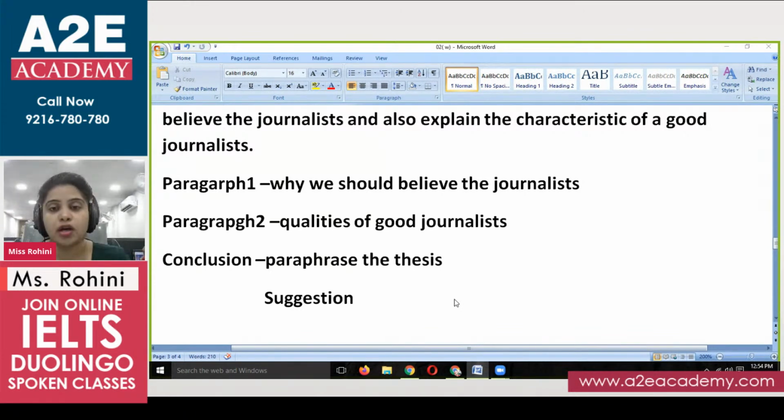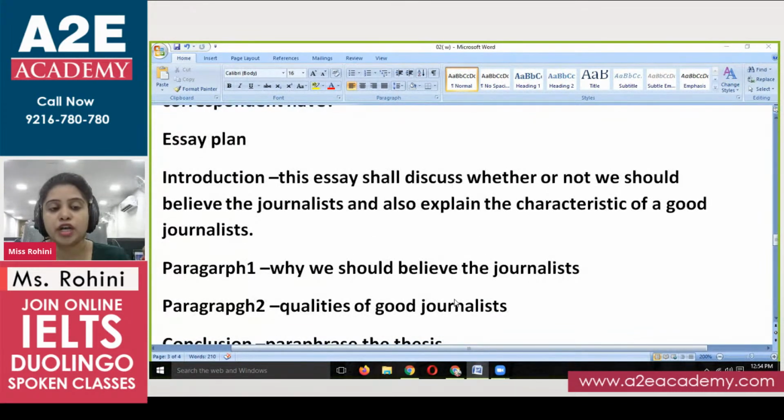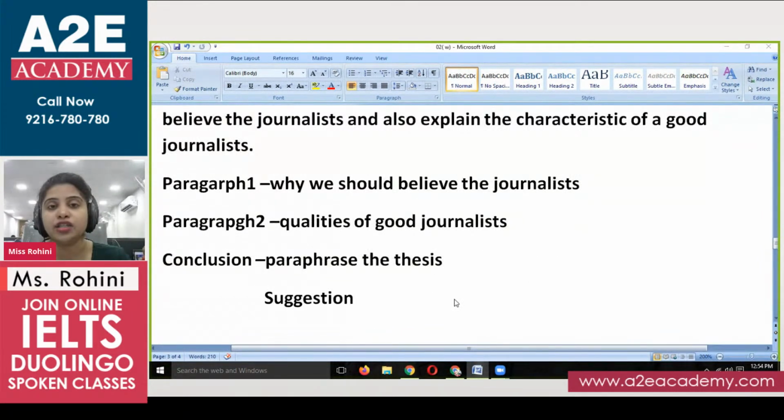Is it clear to everyone? I hope the introduction, both paragraphs and conclusion are clear to you all. This task is easy to understand. Okay, Om, you were saying that you do not have any knowledge about journalists, but now I think you get the information. You know what to write when this topic comes.